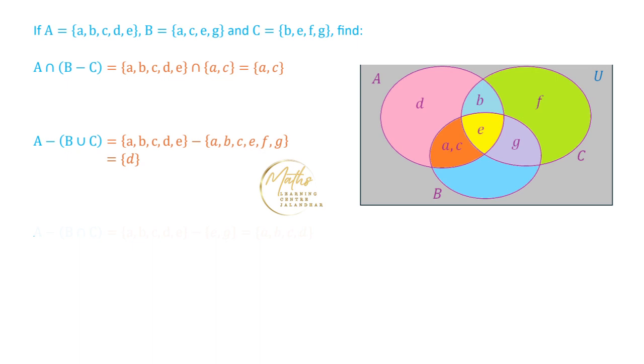Next we have to calculate A minus (B intersection C). Again the set A is in this form.